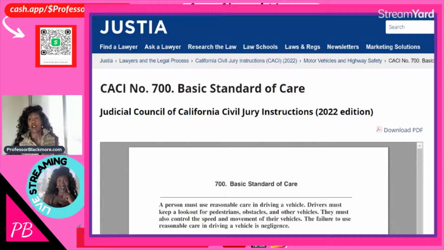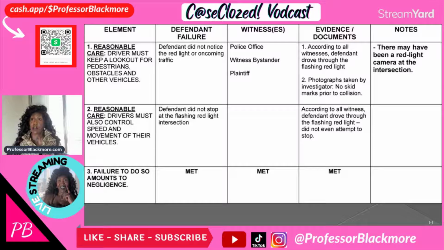Even further, a driver must also control their speed and movement of their vehicle. And so what I like to do is break these items up into elements, and place them in the summary section of my e-trial notebook.